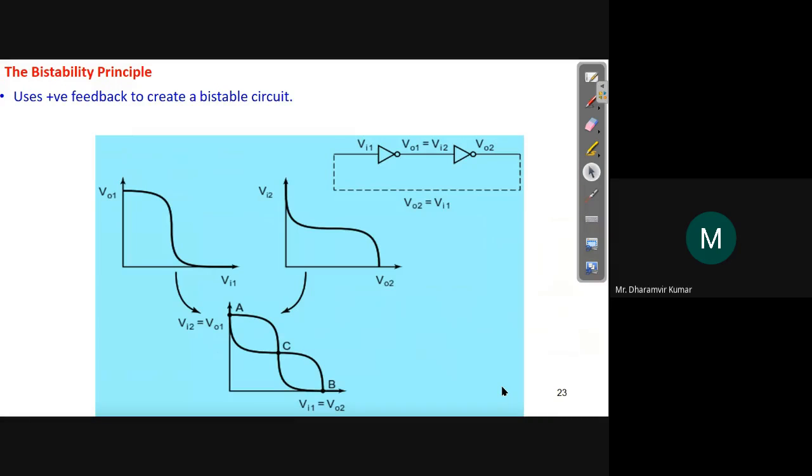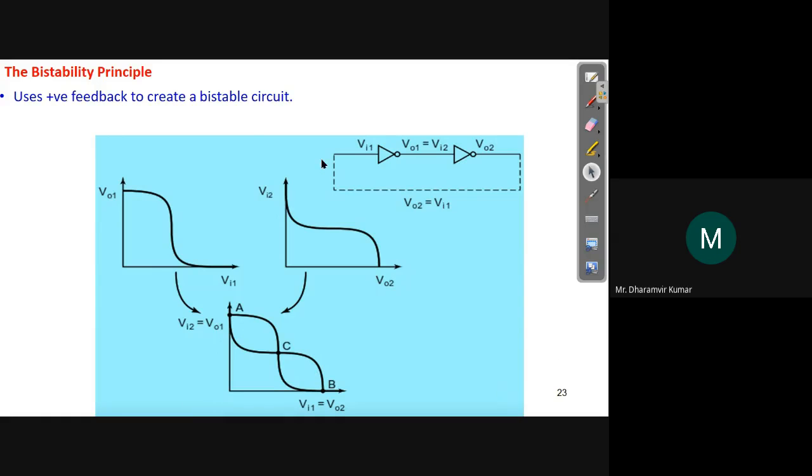So let's proceed further, and then we will continue looking at some sequential circuits based on different logic styles.